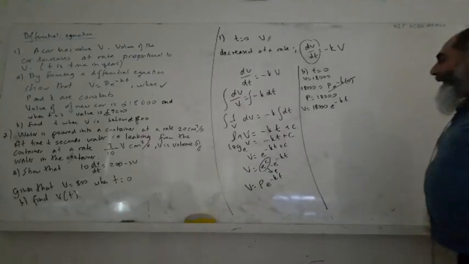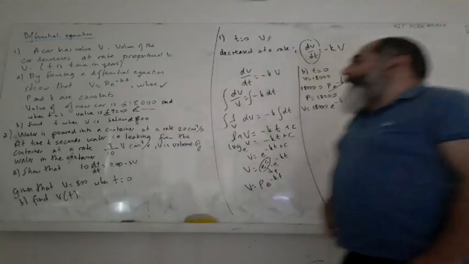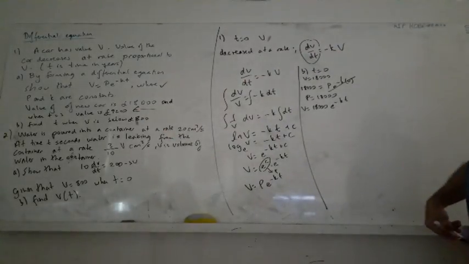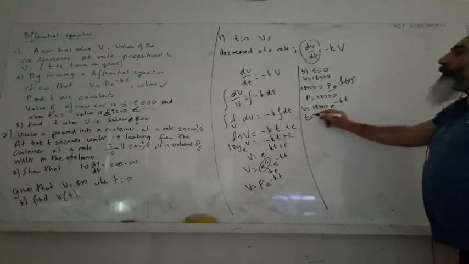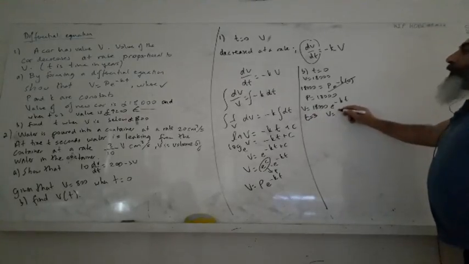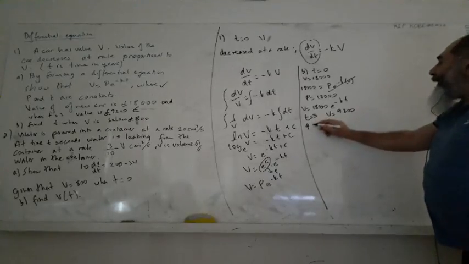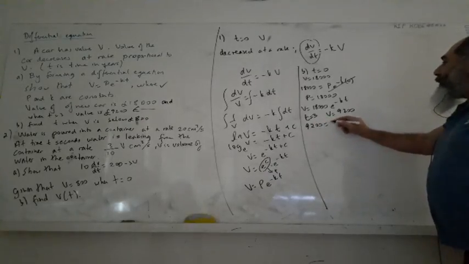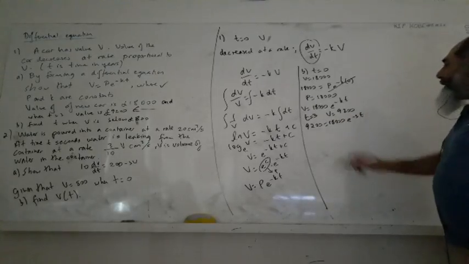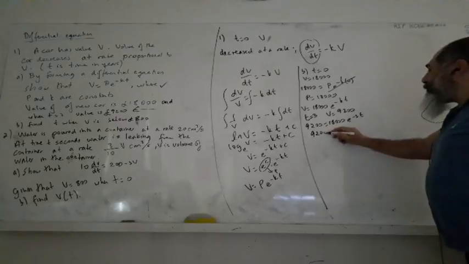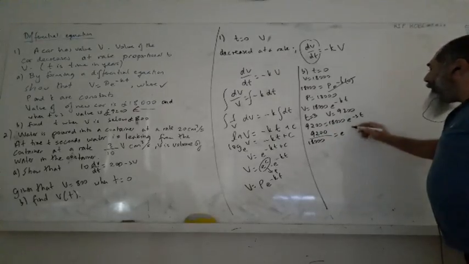Now I am going to use the second piece of information to find the value for k. When t is equal to 3, the value is equal to 9,200. So 9,200 is equal to 18,000 e to the power of minus 3k. 9,200 over 18,000 is equal to e to the power of minus 3k.